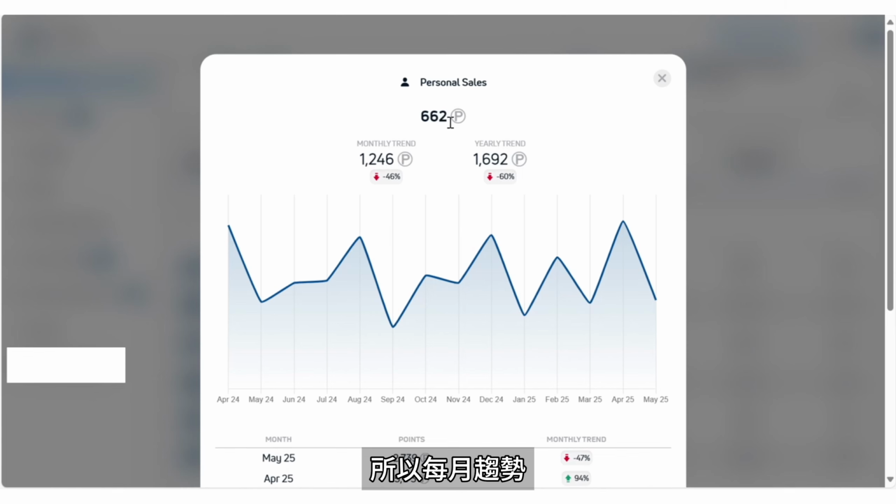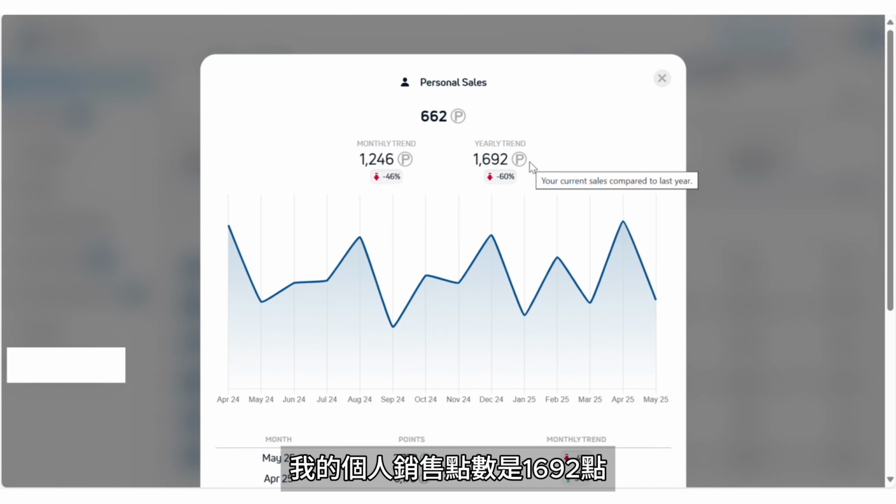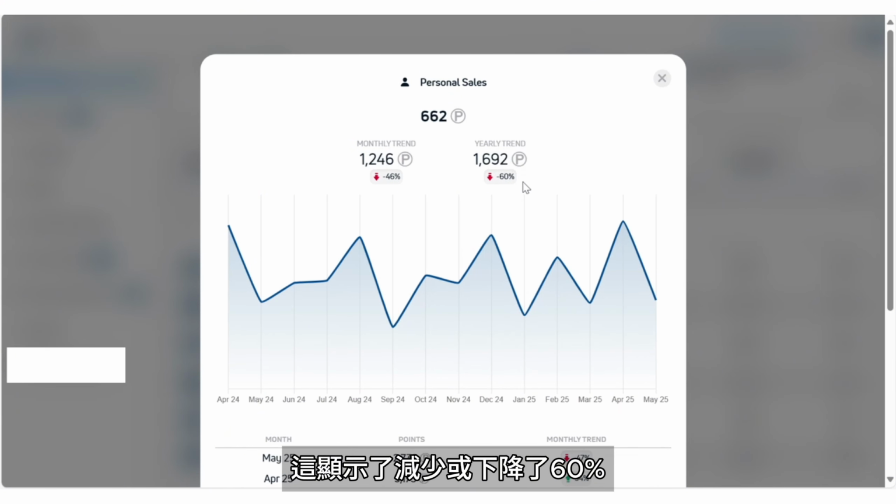So the monthly trend compared to last month was 1,246 points, which is in the intermediate standing minus 46%, or compared to the previous year where I had personal sales of 1,692, which is a decrease of minus 60%.